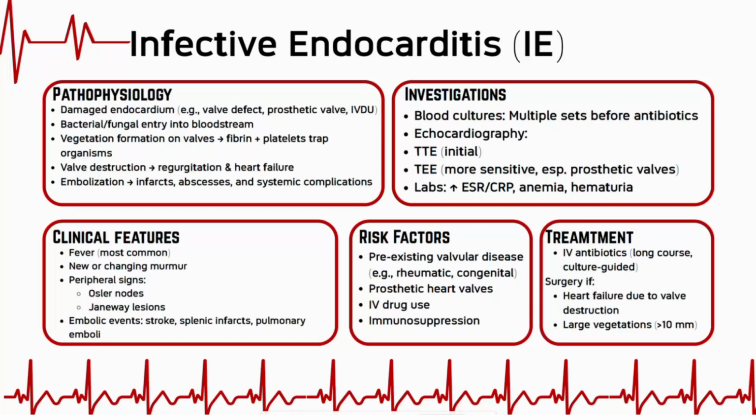Now that vegetation can pop off and cause the formation of an emboli that can then go on to cause infarcts or systemic complications. What I have not written here is this turbulent blood flow.